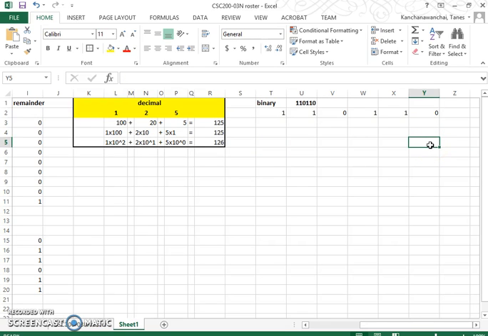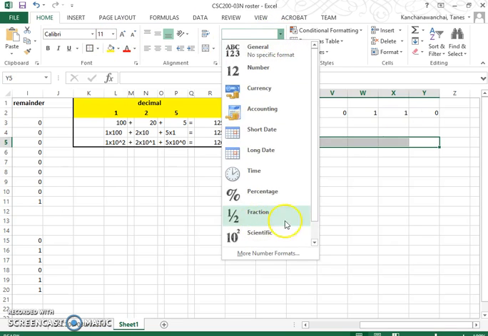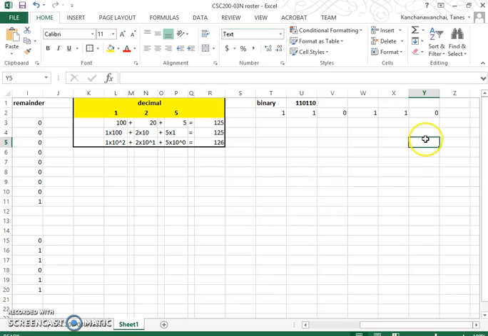This 0 is going to be what? 0 times 2 to the, and why 2? Because it's binary, right? 2 to the 0. And we will do a sum, right?